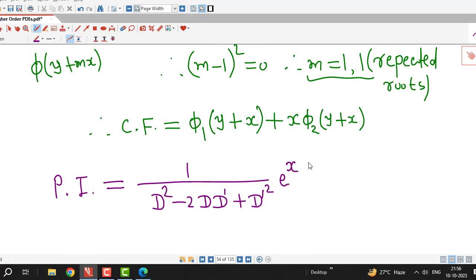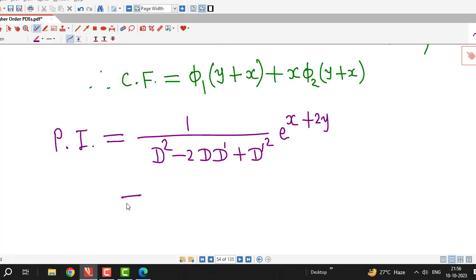So here I am writing e raised to x plus 2y. Now if I compare this x plus 2y with ax plus by, then I will have a equal to 1 and b equal to 2.